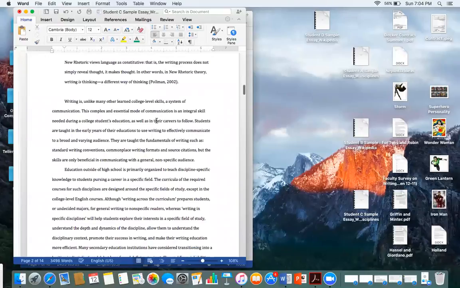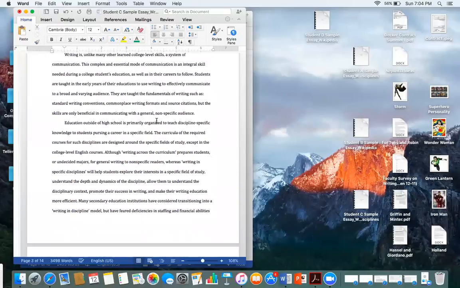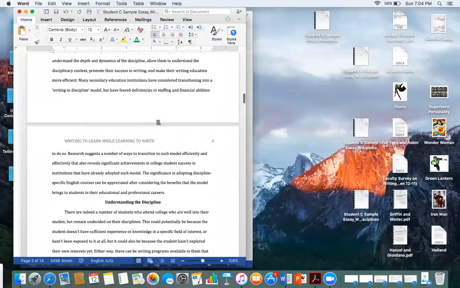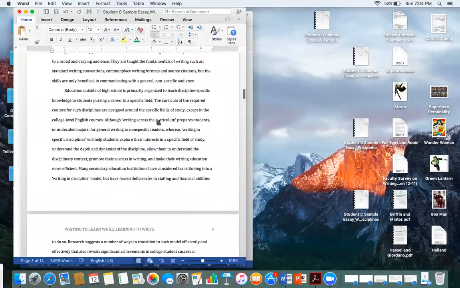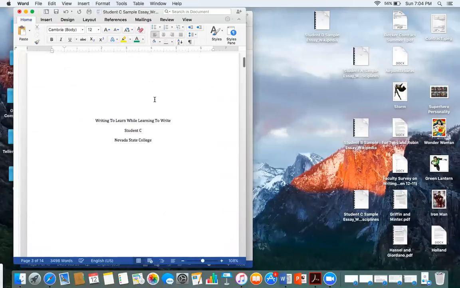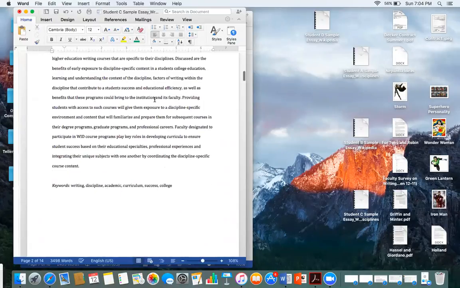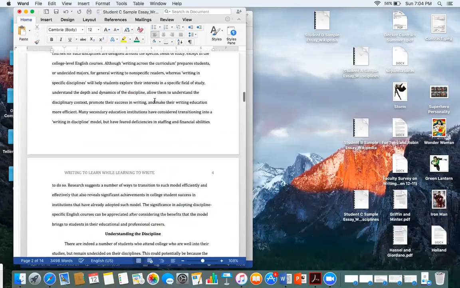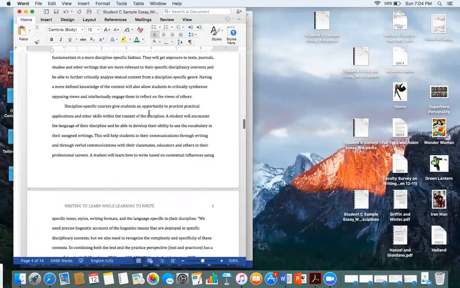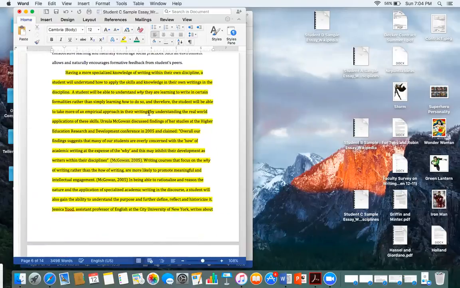It looks like this is done pretty generally about writing in the disciplines and not necessarily the student's particular major. So again, I'm going to encourage you to take some time to look through this paper. We're not going to go through the whole thesis or the introduction, but you certainly can. You can see what they're doing well, what you might do a little differently. But what I want to show you here is really this idea of synthesizing sources.